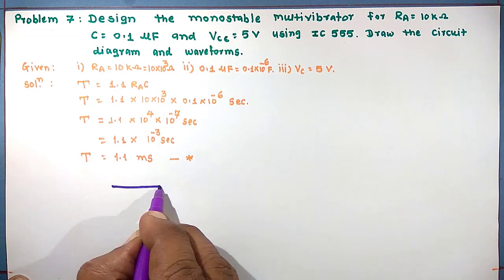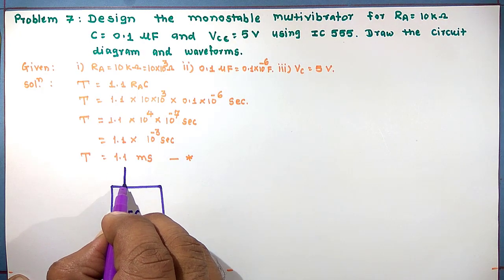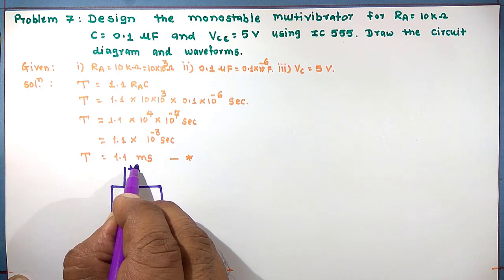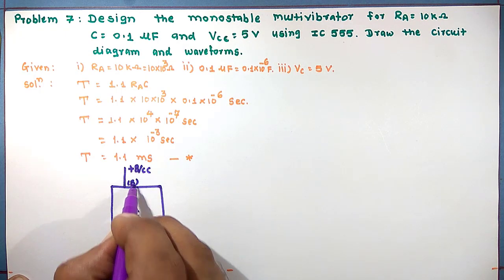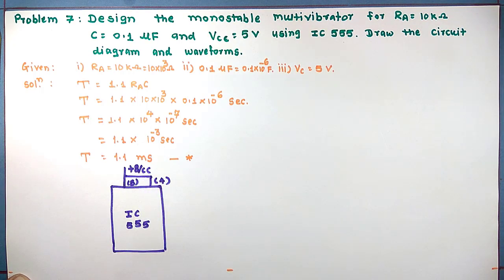Let us draw the circuit diagram. Pin number 8, to which plus VCC is given, and pin number 4 is connected to VCC if we are not going to use it. Pin number 1 is a ground pin, and pin number 5 is connected to ground through a capacitor of 0.01 microfarad.